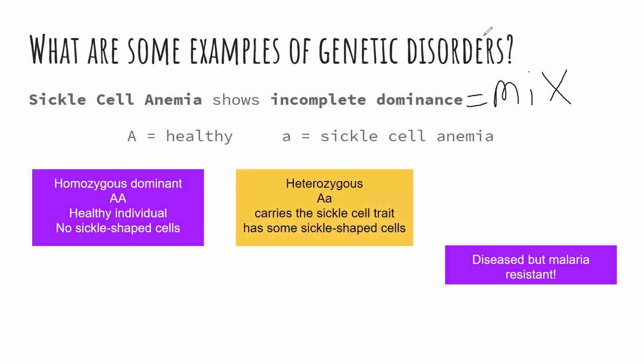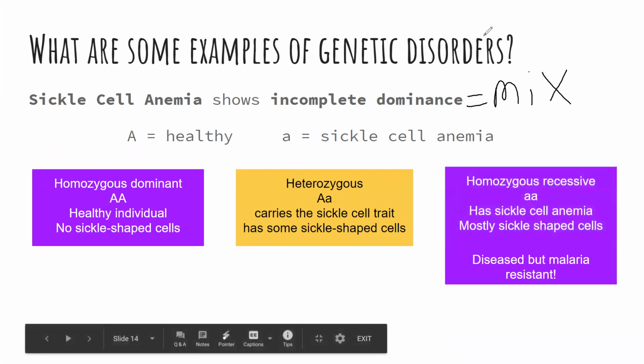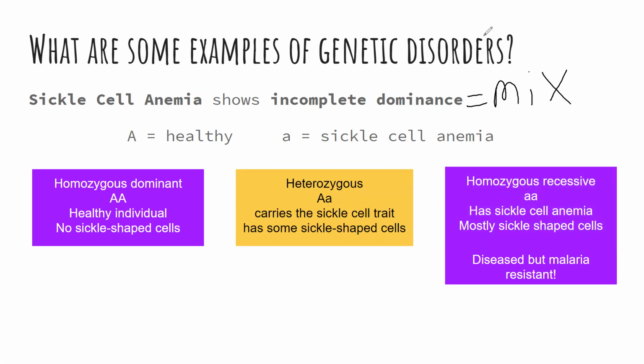They have two different letters, a capital A and a lowercase a, carry the sickle cell trait and have some sickle-shaped cells, okay? It's incomplete dominant. So there's a mix of healthy cells and sickle cells, right? So they carry that trait and they have some sickle cells. But people who are homozygous recessive, two lowercase a's, have sickle cell anemia and have mostly sickle-shaped cells, okay?